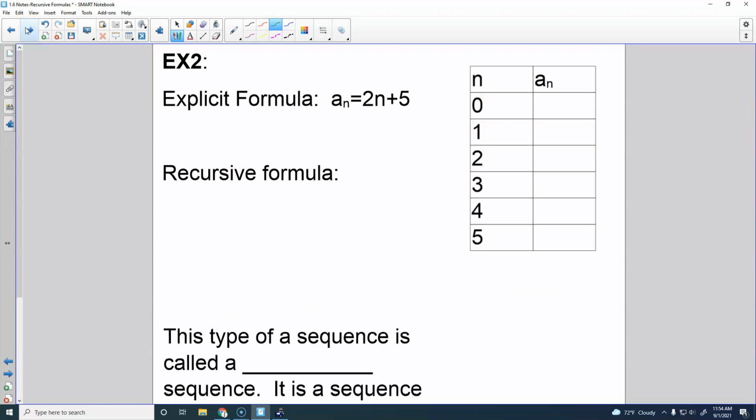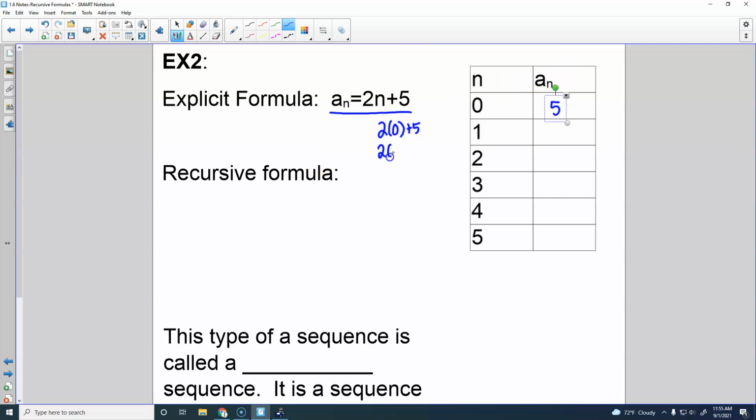All right, let's look at a linear equation now. This time I went ahead and used this a sub n notation. So we've got a sub n equals 2n plus 5. That's our explicit formula. If I want to know what a sub 0 is, I just plug in 0 for my n. So 2 times 0 plus 5 is just going to be 5.